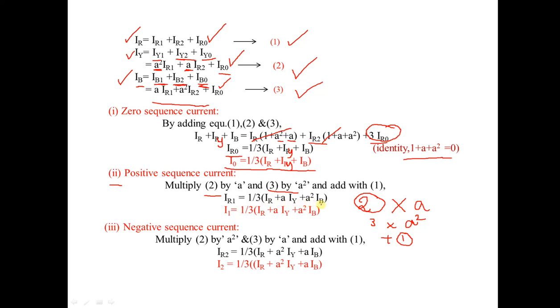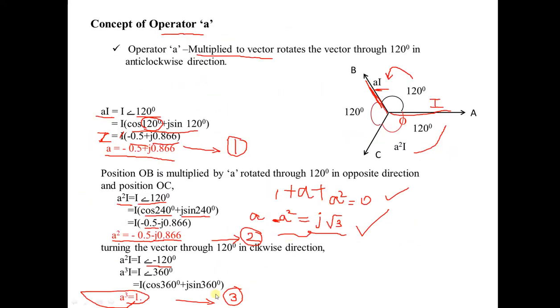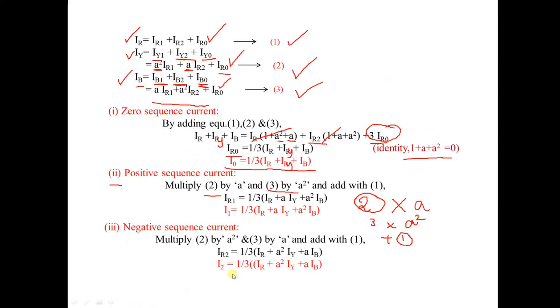Why? Because A cube is 1, as we already solved. We only have to bother about A and A square, so all the other terms will be cancelled, and there is no need to apply the values for A and A square. So I1 is equal to 1/3 of IR plus A IY plus A square IB.